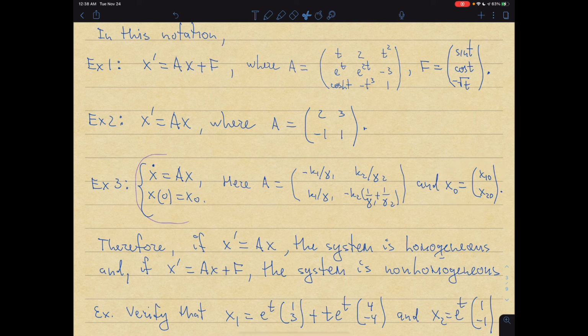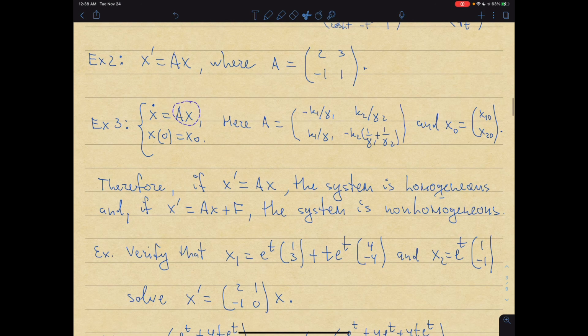So the initial value problem also is written in a much simpler way, similar to what we have written before, except that now the meaning of x in this equation is that x is a vector and A is not a constant anymore. A is a matrix. And the product that you're taking, Ax, is this matrix vector product.